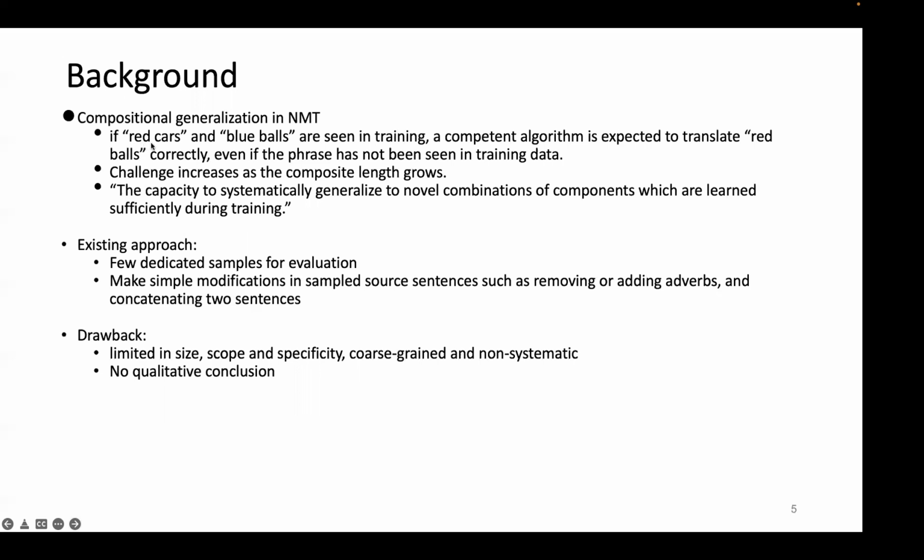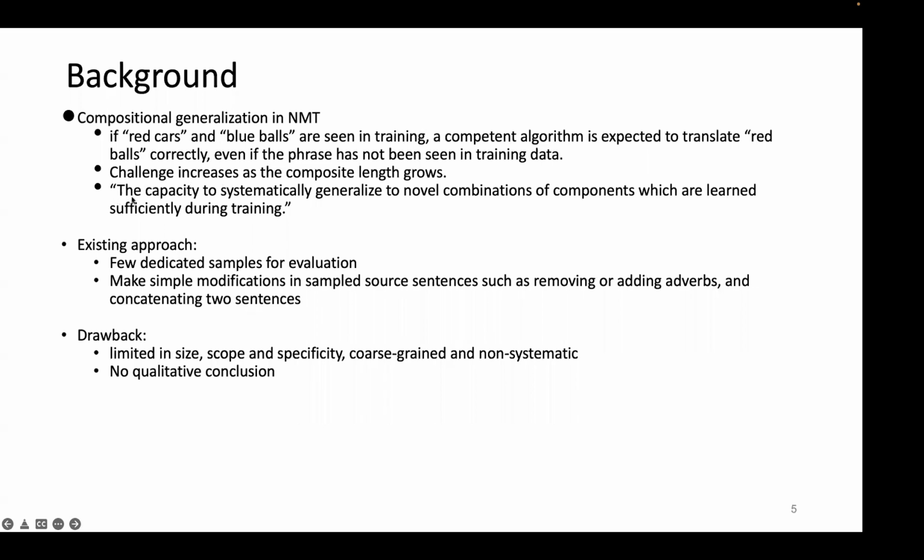So if red cars and blue balls are both in the training data, then the algorithm is expected to translate red balls correctly, even if it's not seen in the training data. So this is the adjective and this is a noun. And when you randomly combine them, you should translate them correctly. And that's the idea. So the challenges increase as the composite length grows.